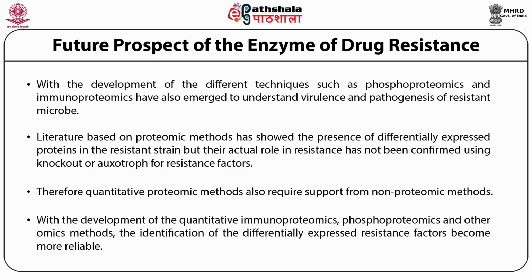So we have to focus on different approaches to validate the role of a particular protein in drug resistance and design a specific drug against the identified enzymes involved in drug resistance.